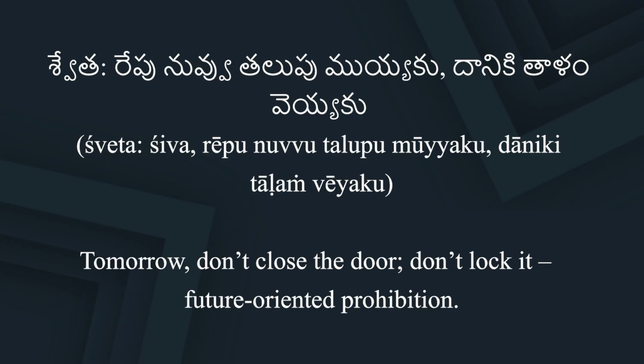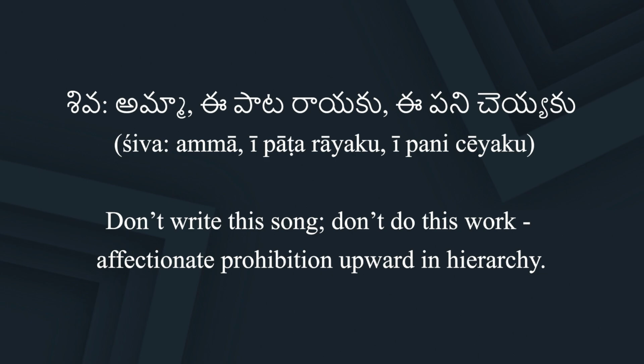It is a future oriented prohibition. Next one is, అమ్మా ఈ పాట రాయకు, ఈ పని చెయ్యకు, which means don't write this song, don't do this work. Affectionate prohibition upward in hierarchy.